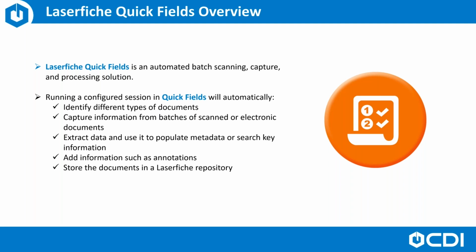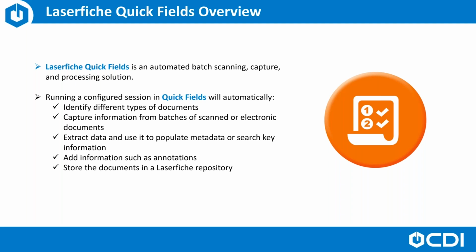Quick Fields can capture information from those batches of scanned or electronic documents. It extracts data and uses it to populate metadata in the Laserfiche templates. So filling out our template information with the template name and also any of the indexing fields within that template itself.